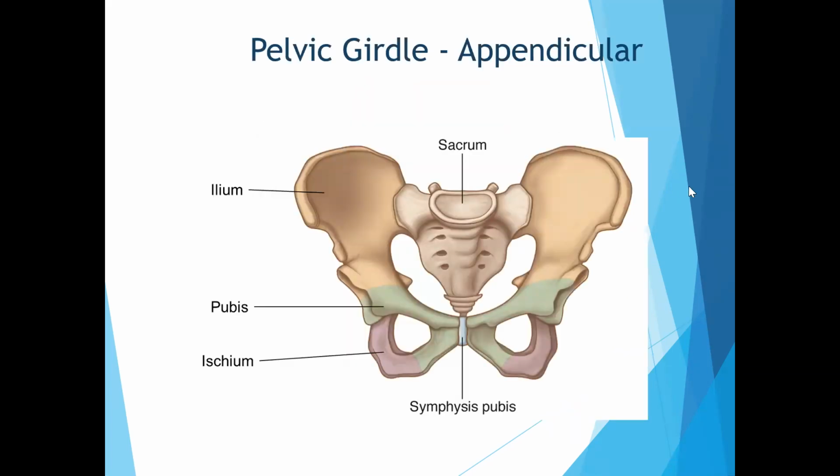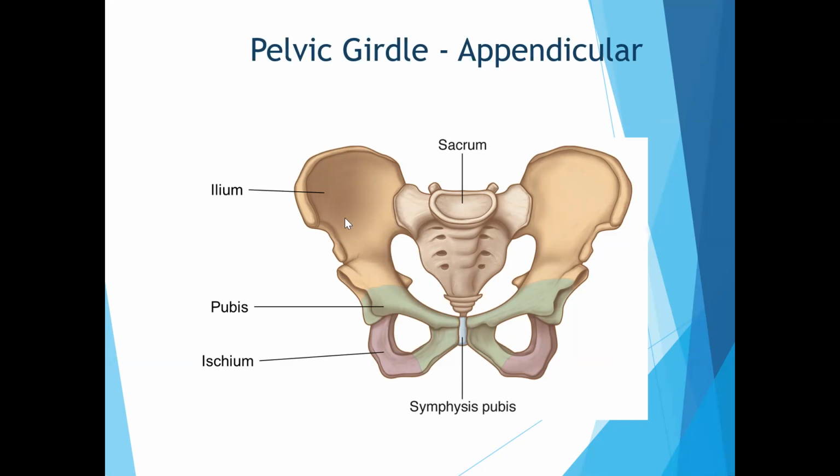All right, your pelvic girdle, even though it's pretty central, it's considered appendicular. Your sacrum itself is considered axial, but the pelvic girdle itself is part of the appendicular skeleton. And so you see the pelvis is made up of the sacrum and the os coxae, and I'll show you the os coxae by itself in a second.